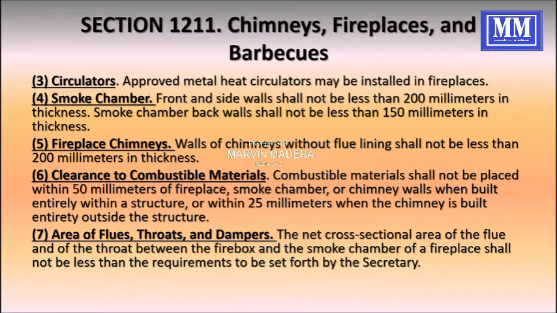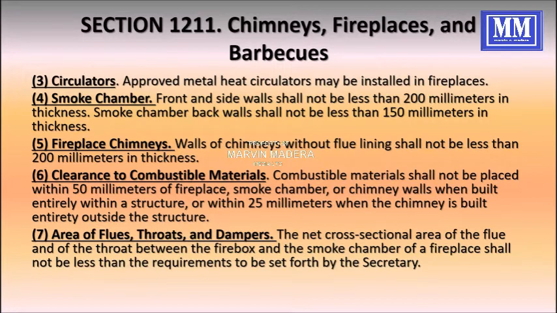Wall of chimneys with a flue lining shall not be less than 200 millimeters in thickness. Clearance to combustible materials. Combustible materials shall not be placed within 5 millimeters of fireplace, smoke chambers or chimney walls when built entirely within the structure, or within 25 millimeters when the chimney is built entirely outside the structures.